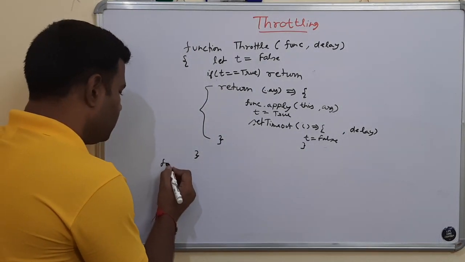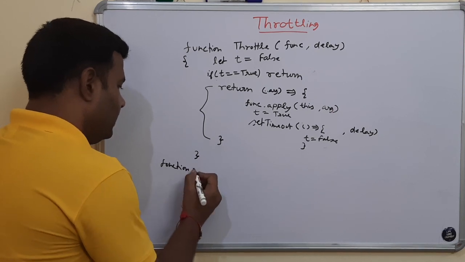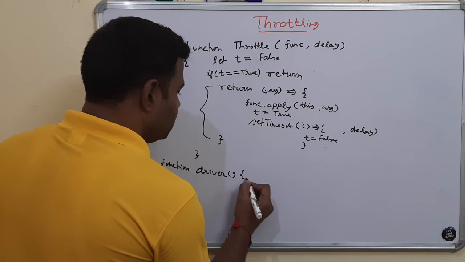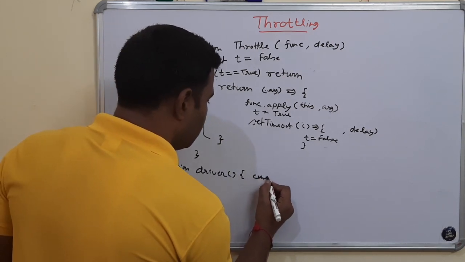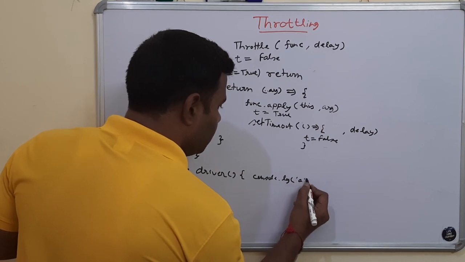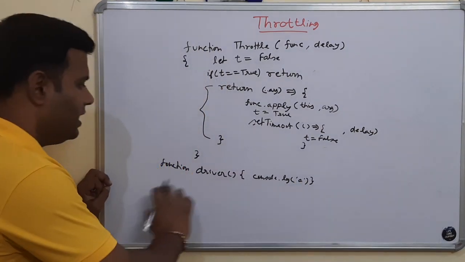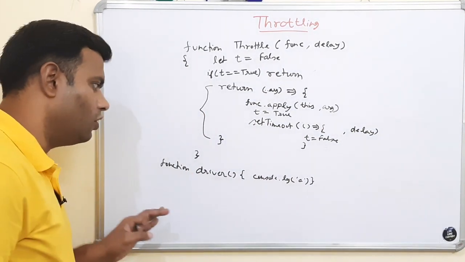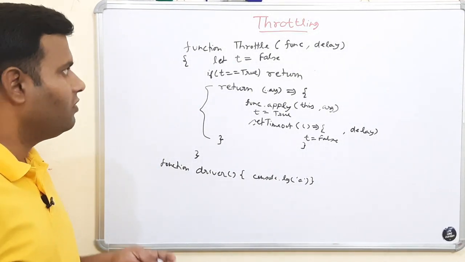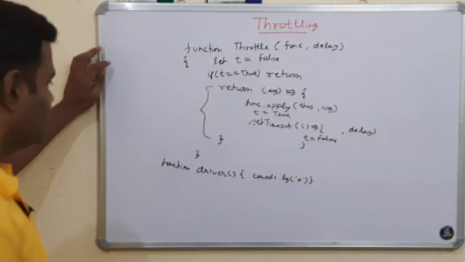So when we use this function, let's take a very simple function, let's say called a driver function, which is just doing console log of a. Now if we want to make this function a throttled function, we can use this function.